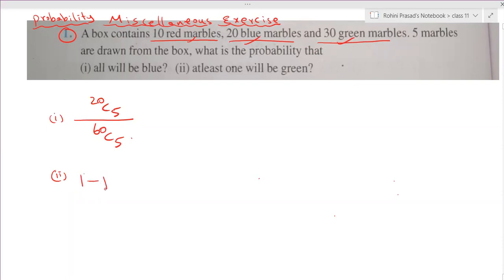That's better, because at least one green means 1 green, 2 green, 3 green, 4 green, 5 green. All those cases individually need to be calculated and then added. Instead of that, 1 minus the unwanted case, no green. No green means all should be either red or blue. So 30C5 by 60C5. That's it.